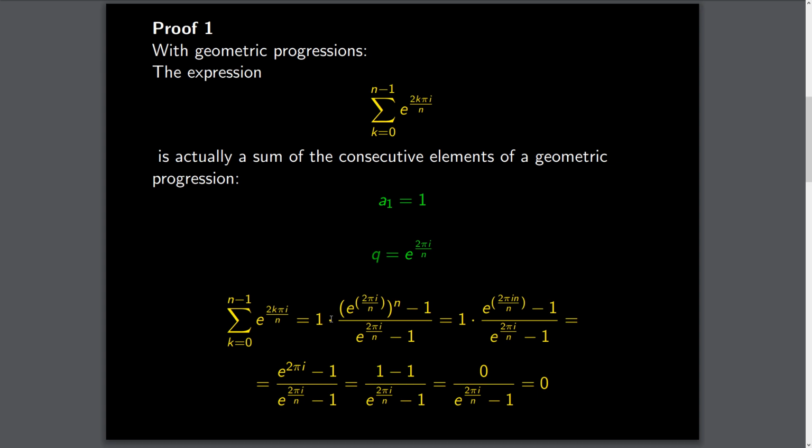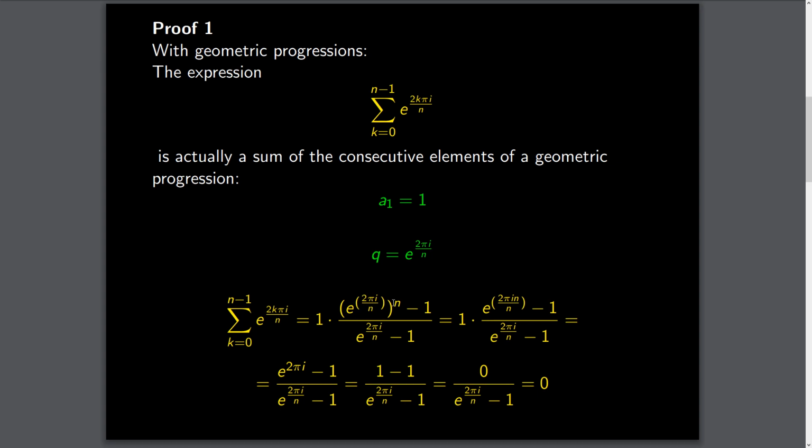Now, what you end up doing is substituting into the formula for the summation of consecutive terms of the geometric progression. So a1 is going to be 1, q is going to be e to the 2 pi i divided by n, and so on.